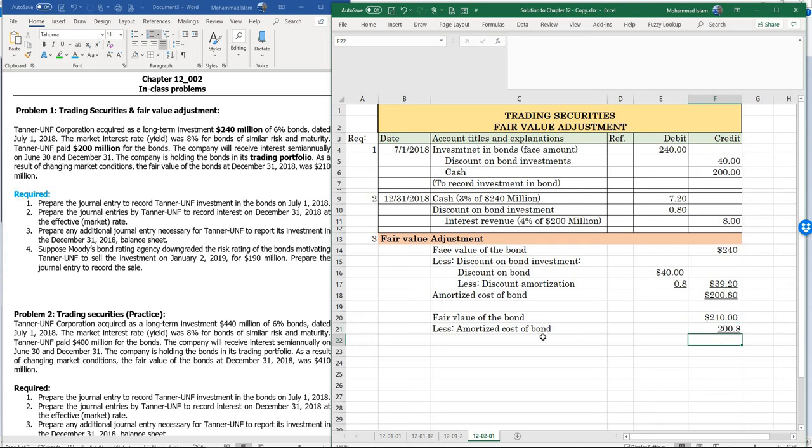The difference between these two is our fair value needed to be adjusted.